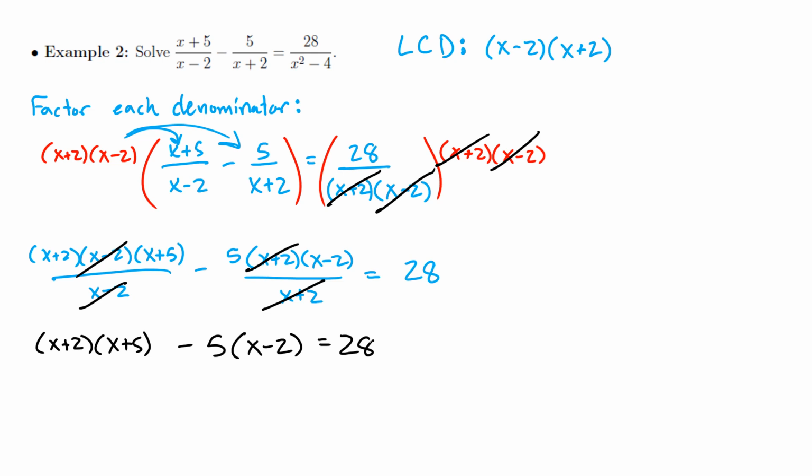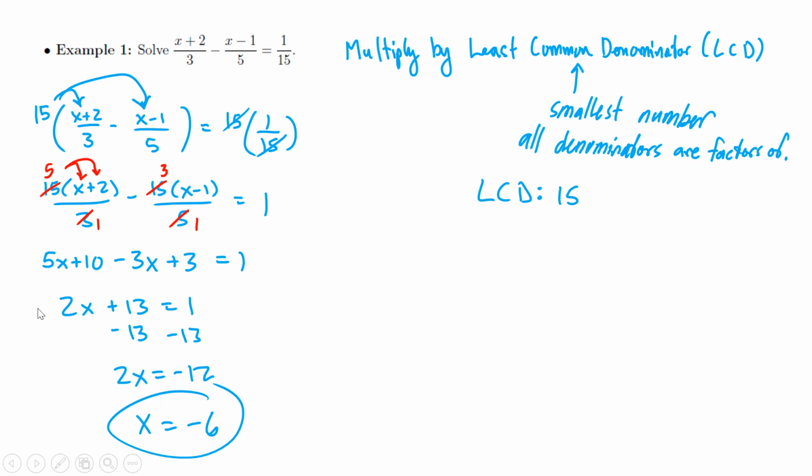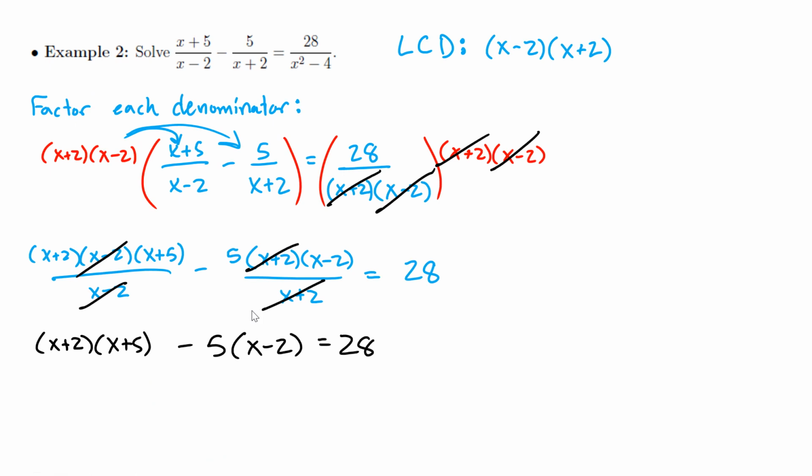And last time, if I go back to that previous question real quick, what did we do? We had our 5 out here and we distributed, right? We had our minus 3 out here and we distributed so that I can try to get my x's together. We want to do the same thing here. We want to multiply everything out so that we can combine like terms.